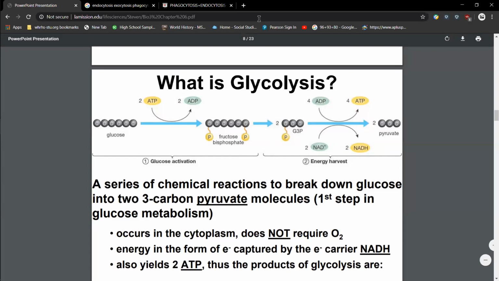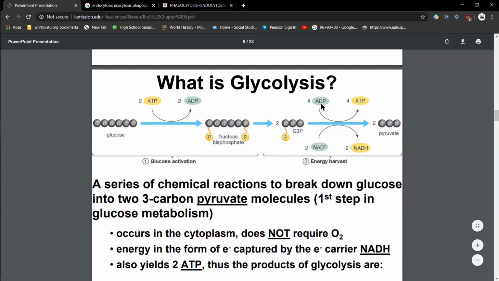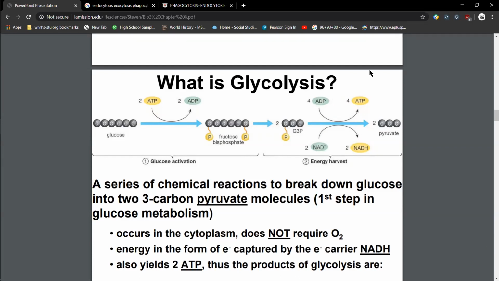Now, another important thing here is you'll see that ADP is converted into ATP. The reason the first molecule is ADP and then gets converted to ATP is because ATP contains phosphate groups, which use the element phosphorus. ADP stands for adenosine diphosphate.